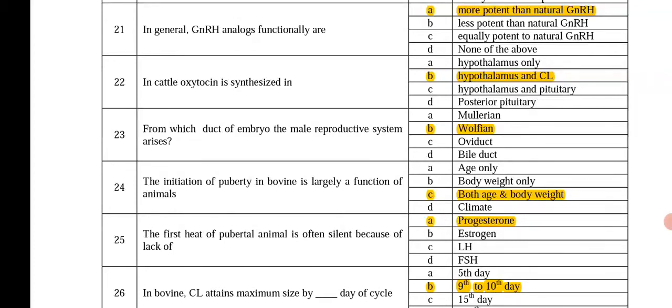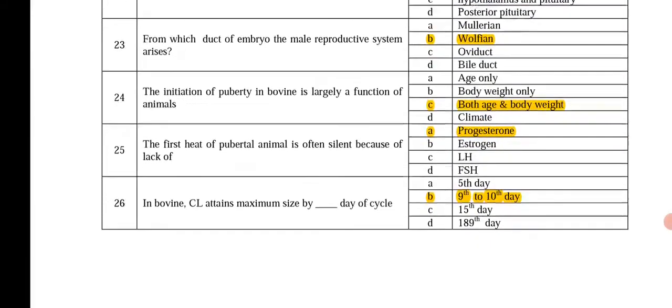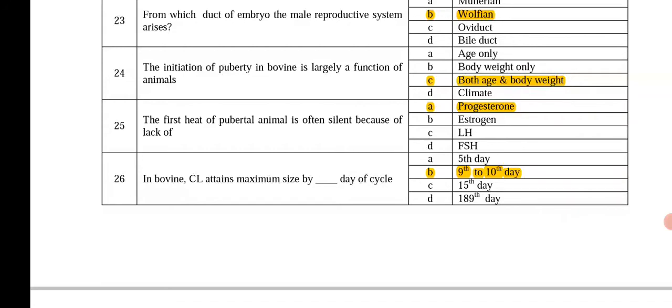From which duct of embryo does the male reproductive system arise? Wolffian duct is the duct from which the male reproductive system arises. The initiation of puberty in bovine is largely a function of both age and body weight of animals. The first estrus of puberty is often silent because of the lack of progesterone.